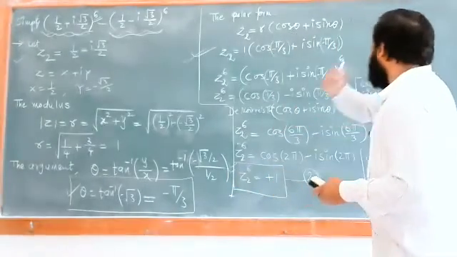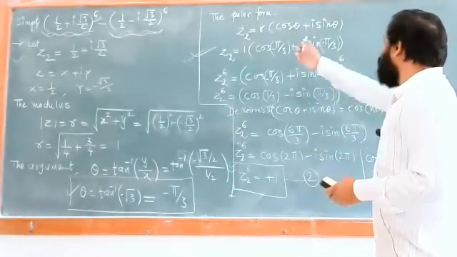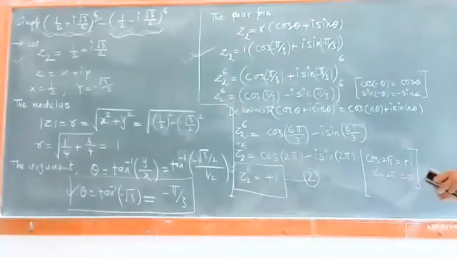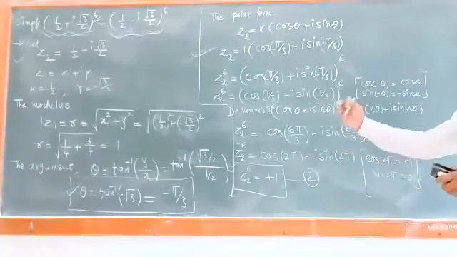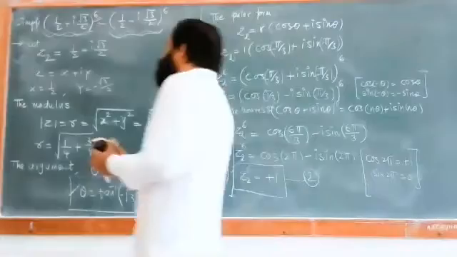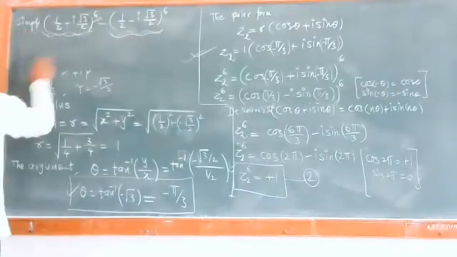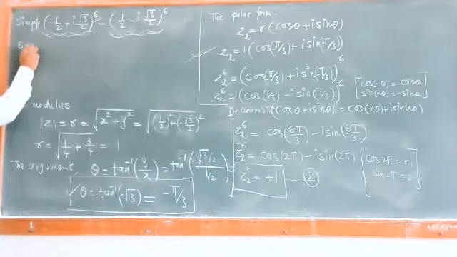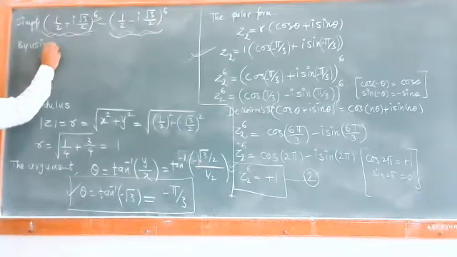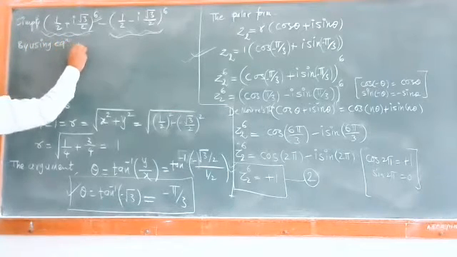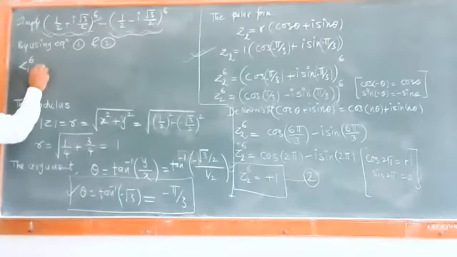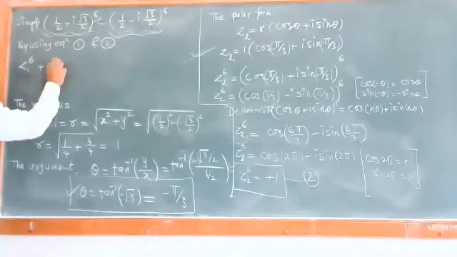ठीक है? And so we can write the polar form is z2 is equal to r cos theta plus i sin theta, and so we can have these things. So by using equation number 1 and 2, so now we can write down z1 raised to 6 plus z2 raised to 6.